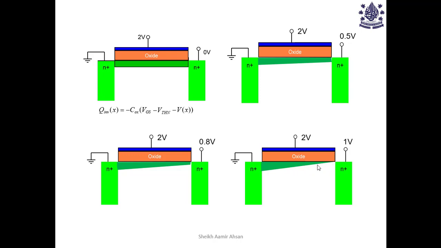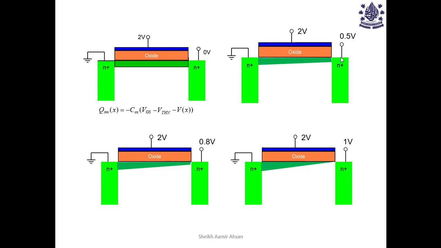So this is something which is called pinch off, that we've increased the drain voltage to a level that the inversion charge at the drain practically drops to 0. Actually, it doesn't go to 0 in reality. It goes to a very small value, because if it actually goes to 0, then you will have no current. It will not be 0 in reality, but it is fairly small compared to what is at the source end.